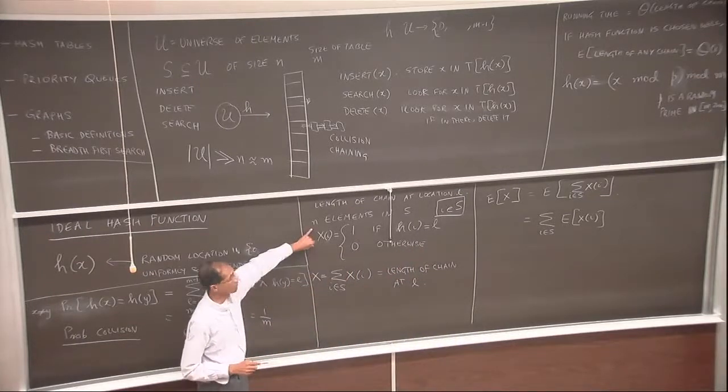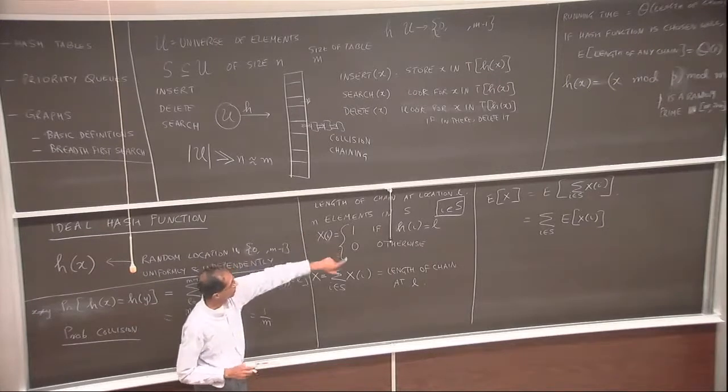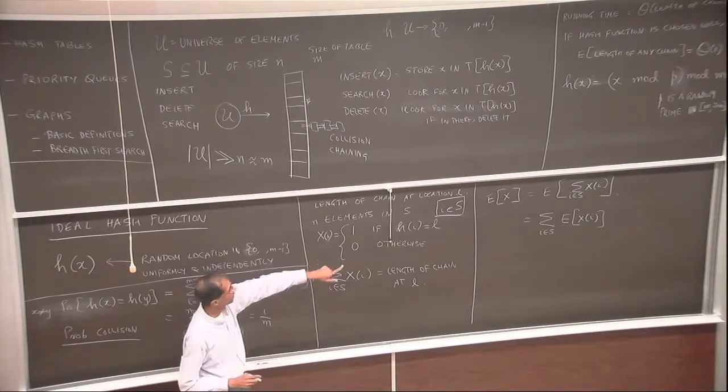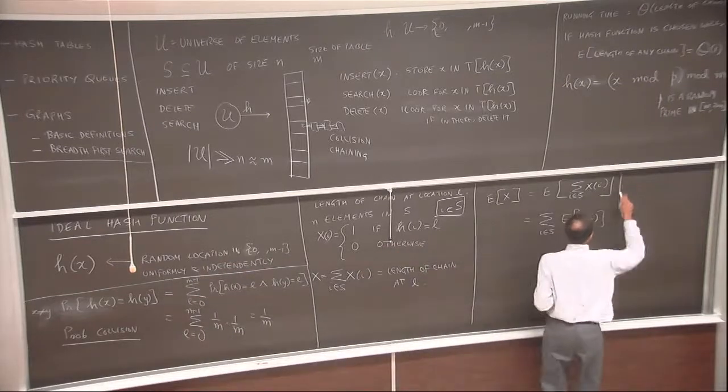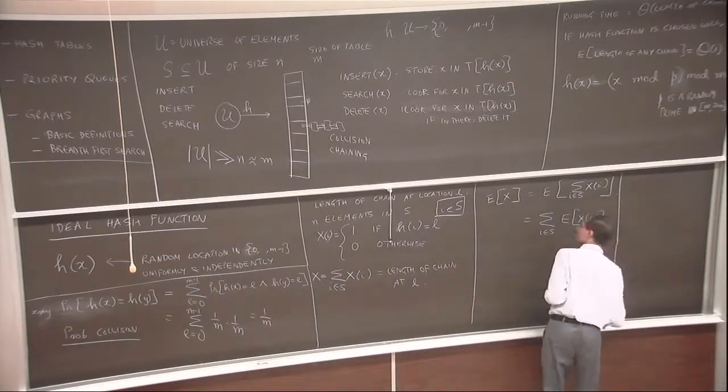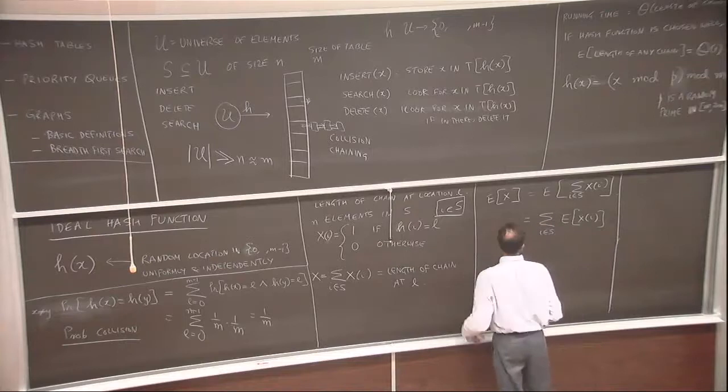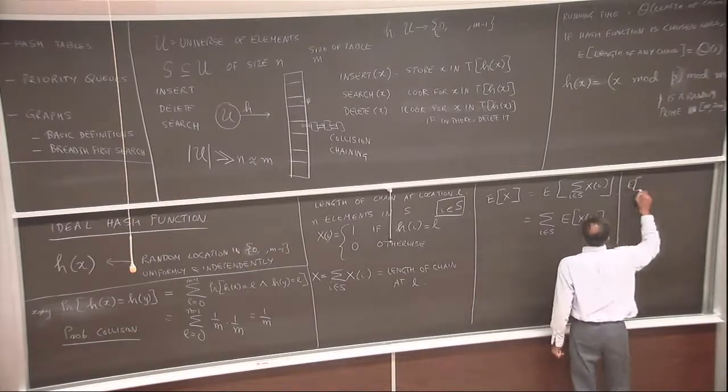Why is this useful? Because calculating the expectation of x_i is very straightforward. Let's calculate that right now. So the expectation of X is equal to the sum of the expectations of x_i. What is the expectation of x_i? Well, it only takes two values, so there are only two possibilities.